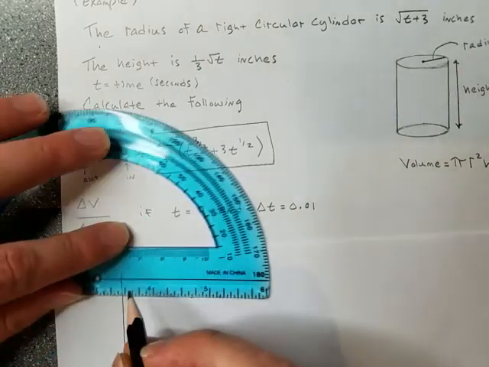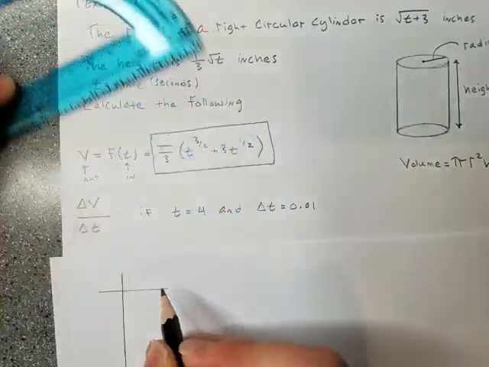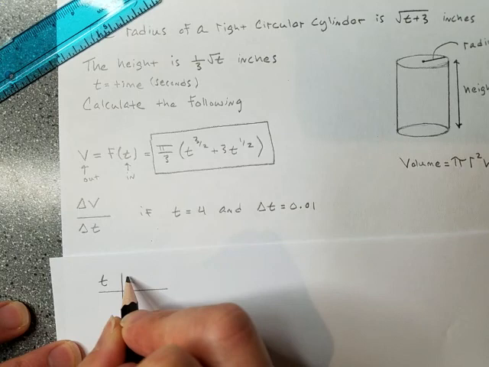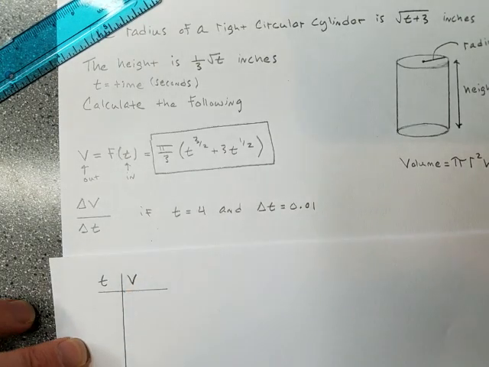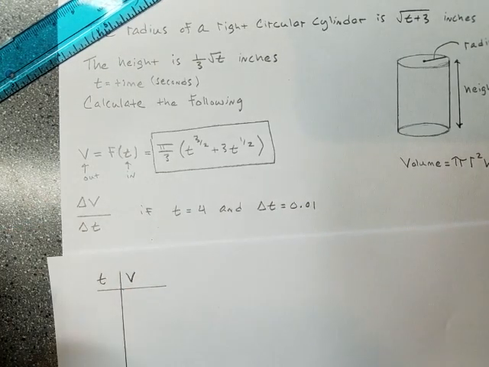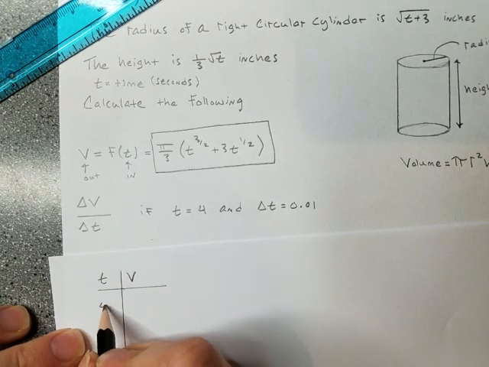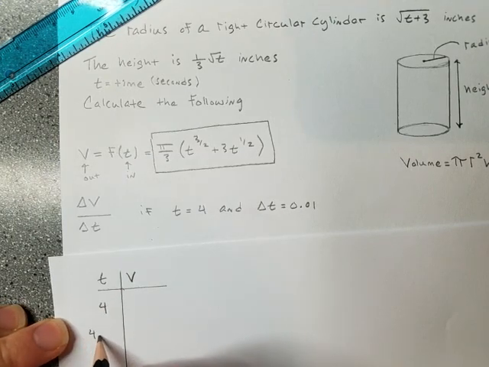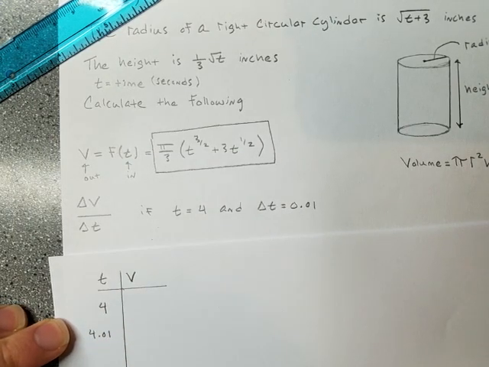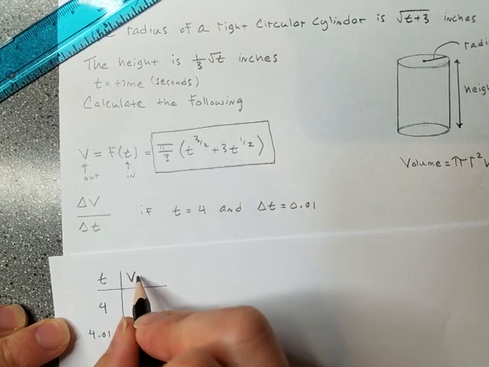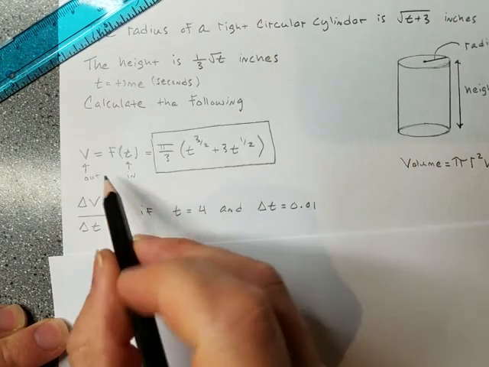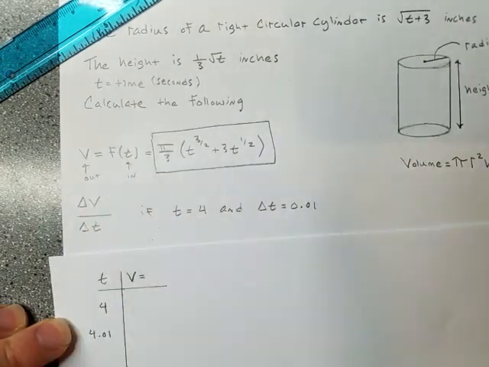All right. So let's say you got t and you got v. And delta v over delta t is just a measurement of how they're changing together. All right. So we want t to be 4 and 4.01. And v, how are you going to find v when you have t? Well, from the function. You put t in and you get v back out.